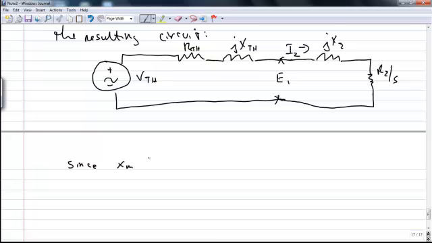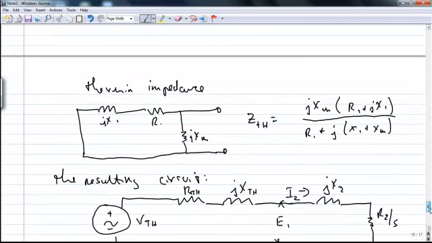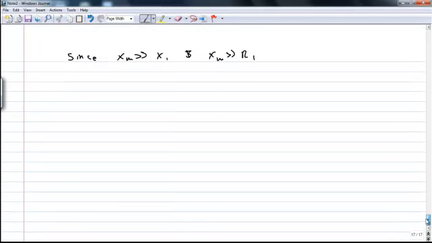Since XM is going to be much larger than X1, and XM is going to be much larger than R1, looking back at this circuit here, we can say that the Thevenin voltage is approximately equal to V phi times XM over X1 plus XM.